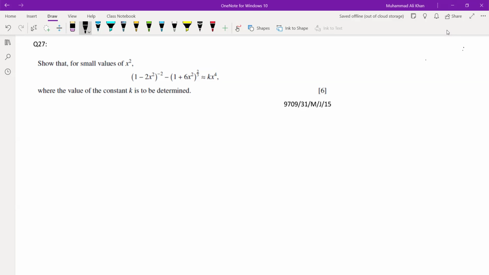And what is the value of k? It is the coefficient of x power 4. So first, we will expand the bracket (1 minus 2x squared) whole power minus 2. It is 1 plus nx plus n(n minus 1) upon 2 factorial x squared.